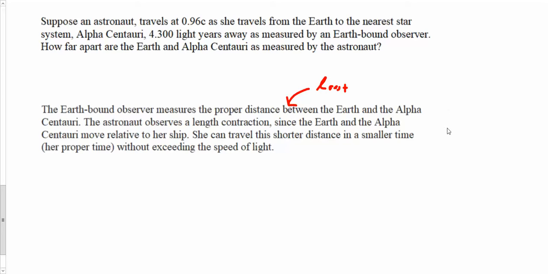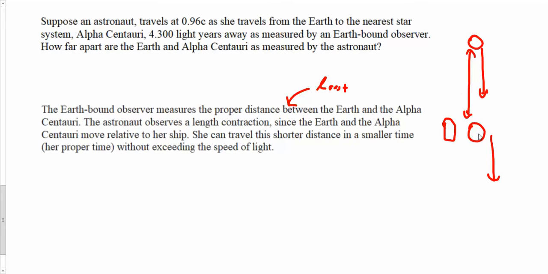So what she sees is her ship, and Earth. She stays still, and Earth starts moving this way, and Alpha Centauri starts moving towards her. So she is observing these things moving. She's standing still, and this length right here is going to get smaller.